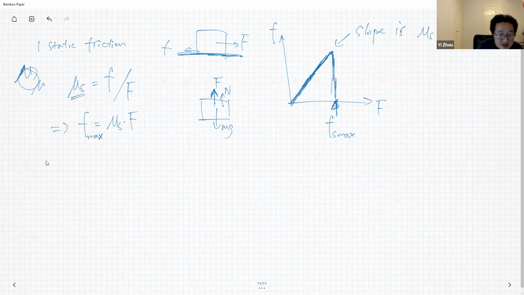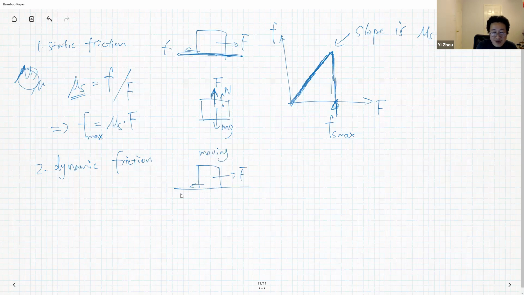There's another one, called dynamic friction. That is when the object is moving. When it is moving, we have a force and we have a friction. This is D, this is S. So the dynamic friction is also in this graph, but it's a little different.